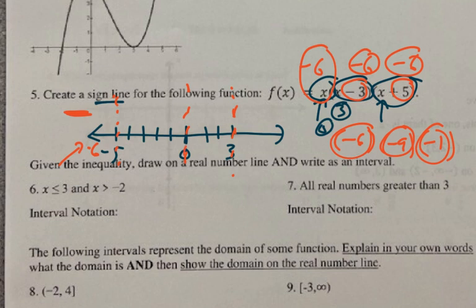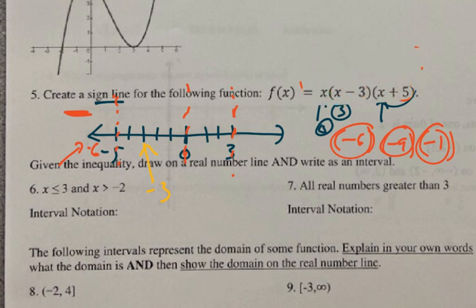Now we want to pick a point between 0 and -5, the first two roots, right? So we can pick any one of these numbers. How about we do -3? Just plugging in -3, x is -3.